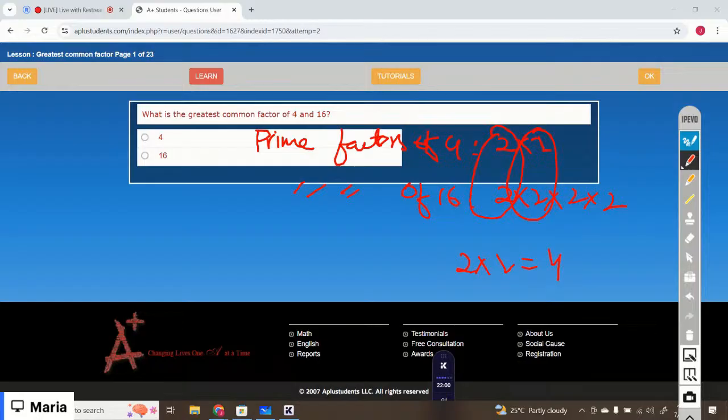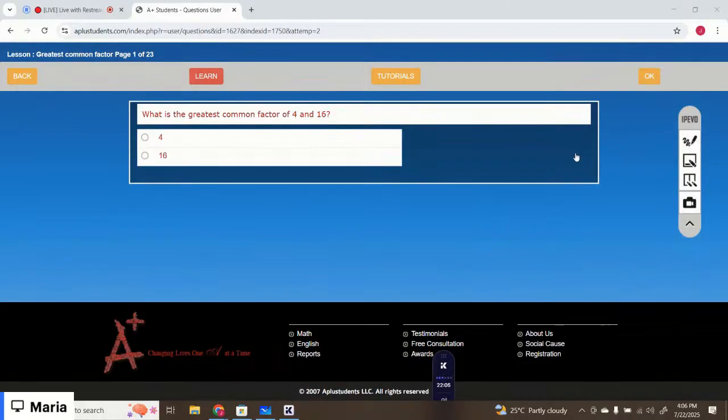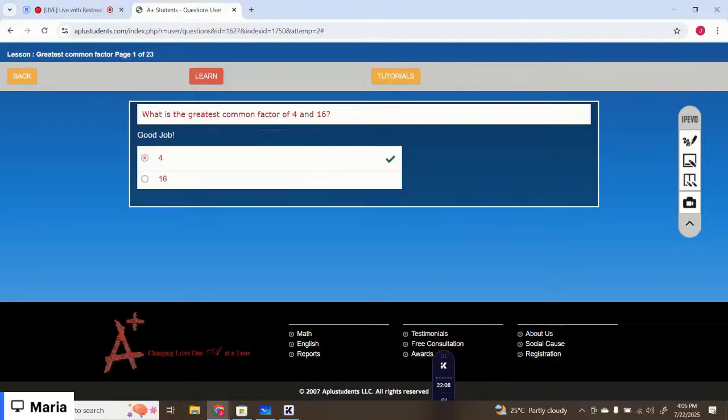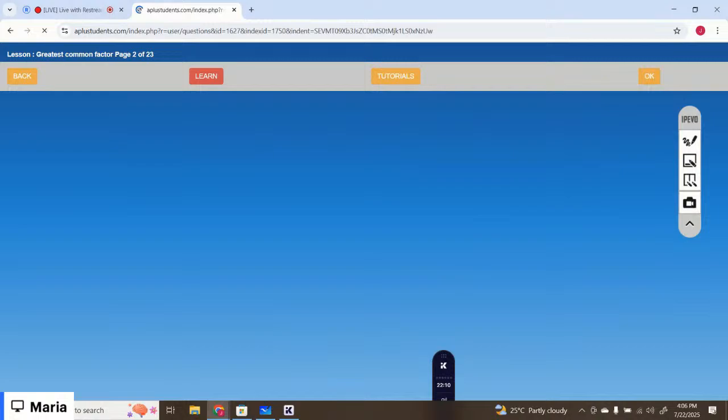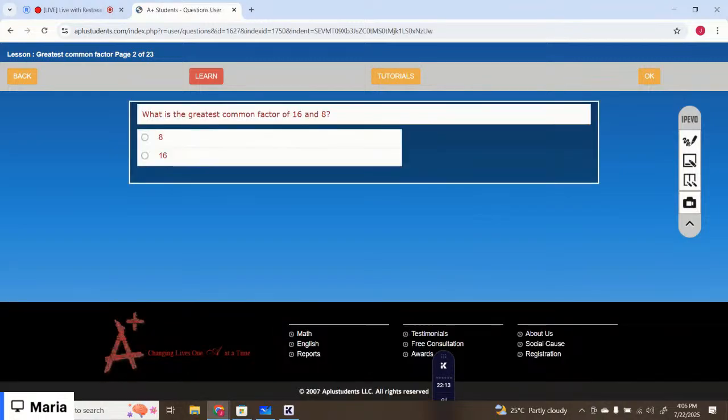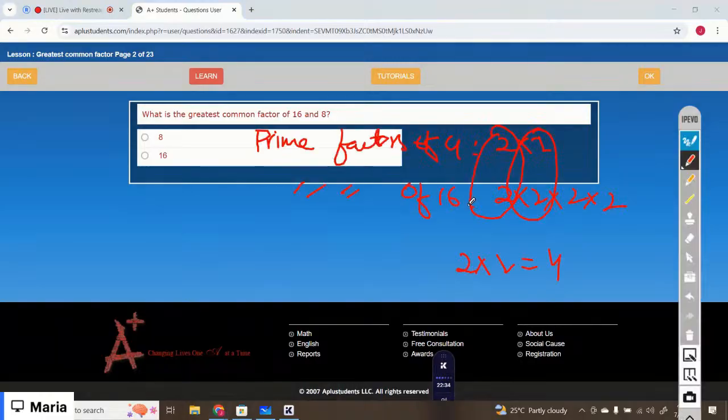Let's just start with the test questions. Option number 1 is the correct option. What is the greatest common factor of 16 and 8? So I'm going to write down the prime factors of 8 and then the prime factors of 16.